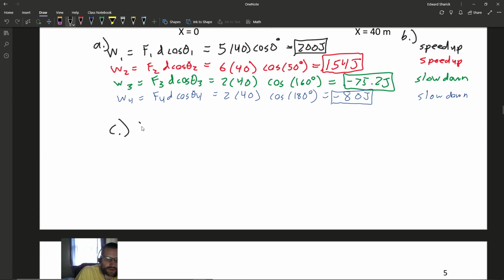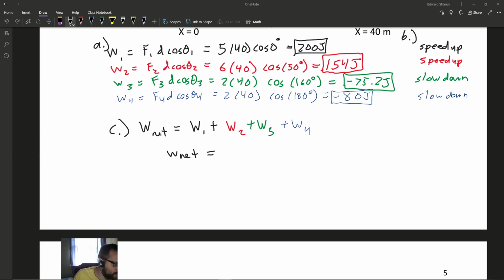So the net work is going to be work 1 plus work 2 plus work 3 plus work 4. And this will give us a total value, net work, equals 200 plus 154 minus 75.2 minus 80.